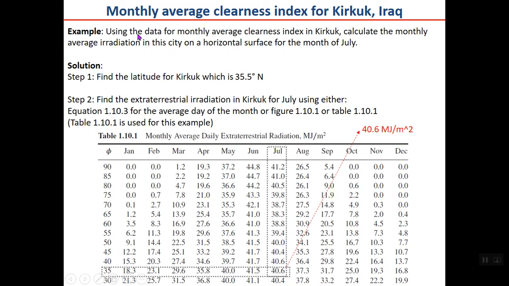So the question is, please note, up to this point, for example in chapter 1, we were only able to calculate, for example in Kirkuk, the extraterrestrial radiation in July. Now we are one step forward, and we are able to calculate the real terrestrial radiation on any month, on any location, if you have the clearness index for that location.